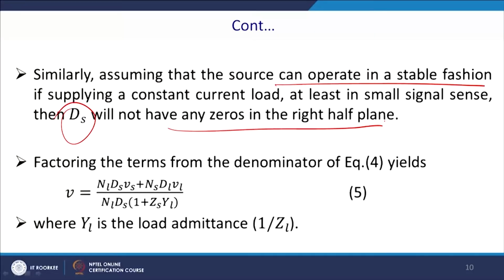So, factorizing this term in V, considering the criteria which we have stated right now, equation 5 can be yielded, and thus we can write V equal to (NL DS into Vs plus NS DL into VL) by (NL DS) into (1 plus ZS YL), where YL is the load admittance, 1 by ZL.